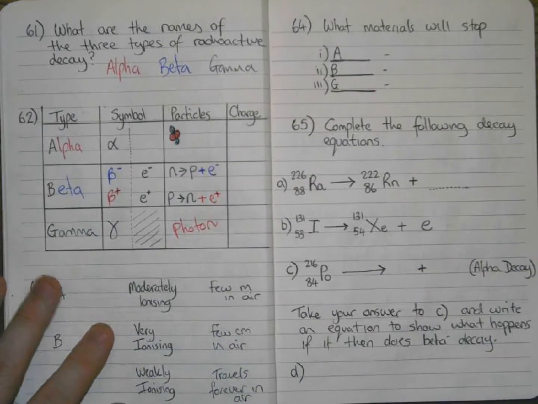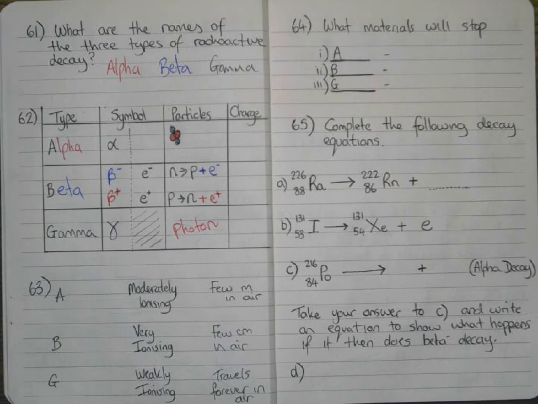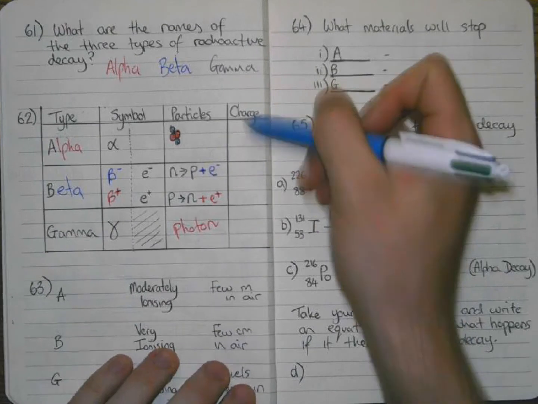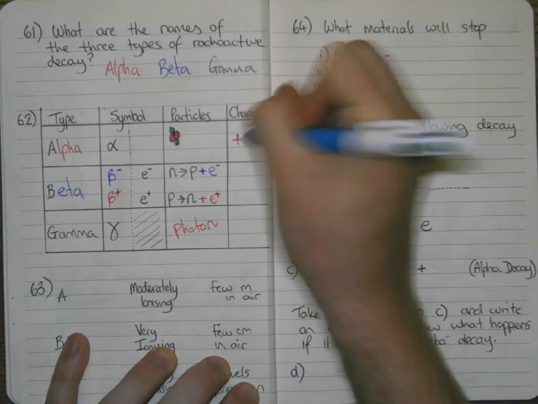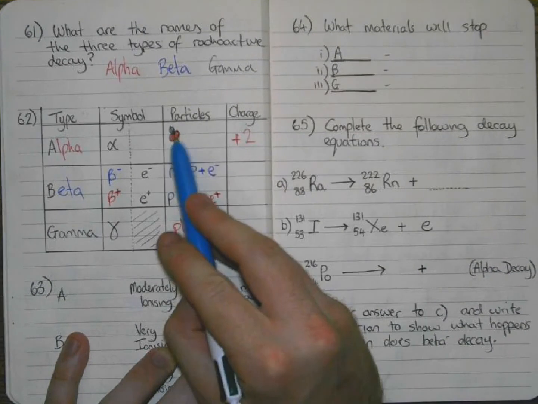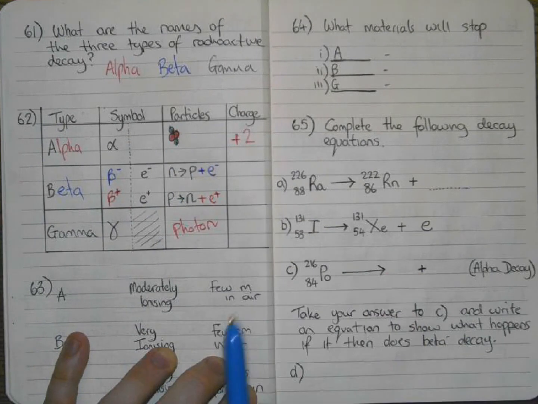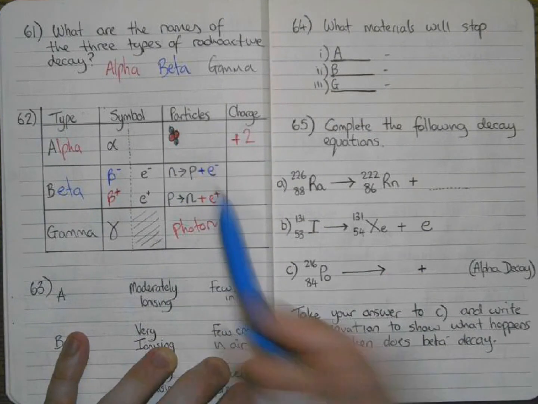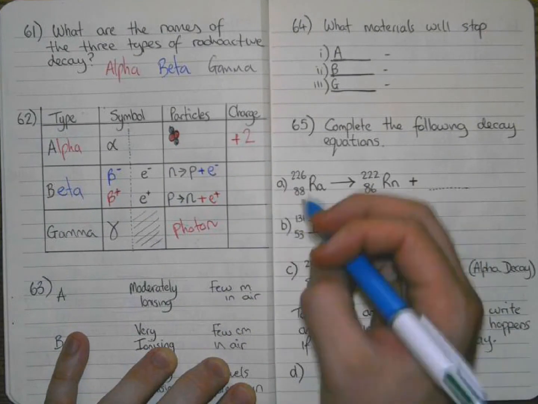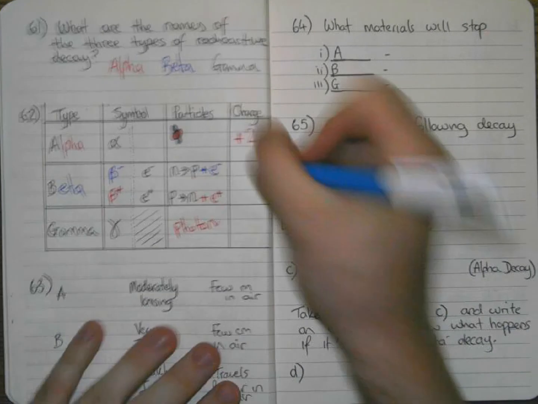For gamma, gamma doesn't have any mass. It's like a particle of light, but it's very, very high energy light, and we call these little particles of light photons. The charge, +2, because it's got 2 protons. The neutrons are neutrals, so the overall charge is +2. For beta, the charge of beta minus is -1.